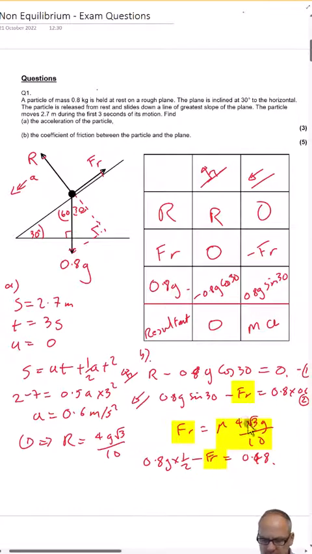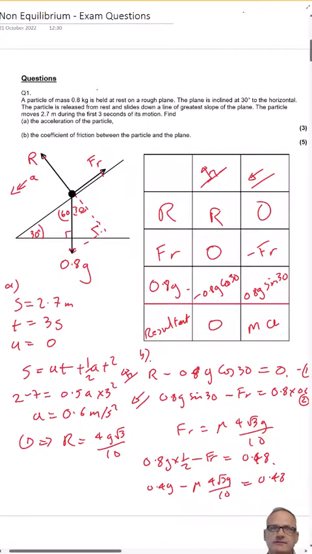And we know that the friction is equal to this. So we've got 0.4 g minus mu times 4 root 3 g over 10 equals 0.48. If we take this to this side, take that away from that side, and divide by this, we get our answer. Working that all out, we get mu is equal to 0.51. And that is our coefficient of friction.